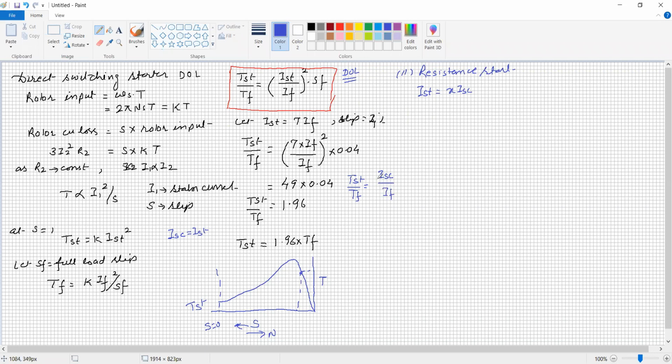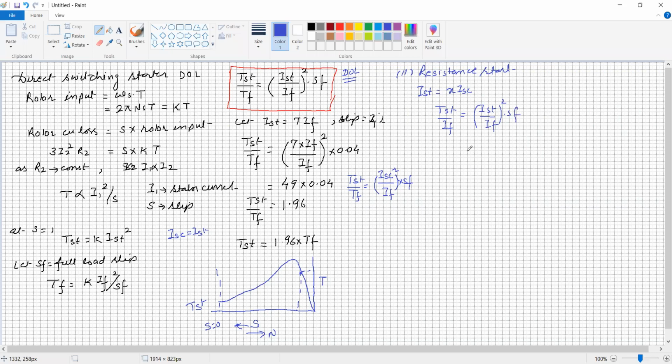So it is (IF)² into SF. Now here the starting current is X into ISC. So we can say that starting torque upon full load torque is equal to IST, starting current, divided by full load current squared into SF.